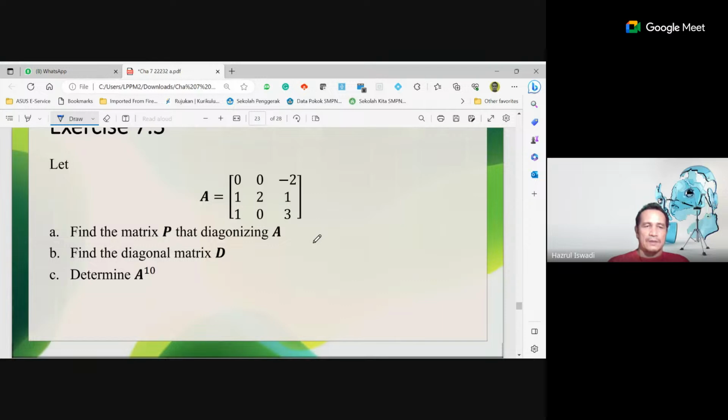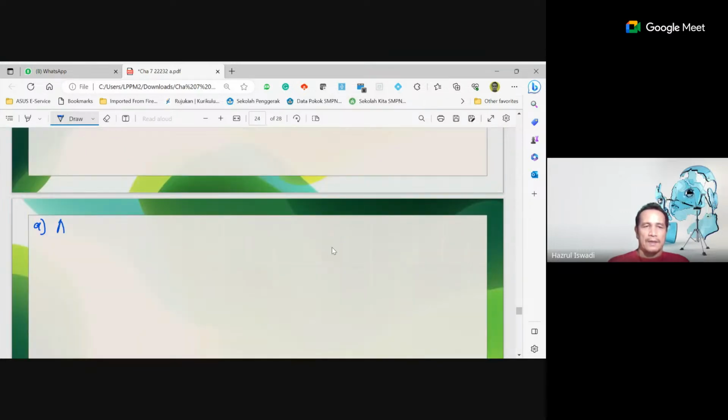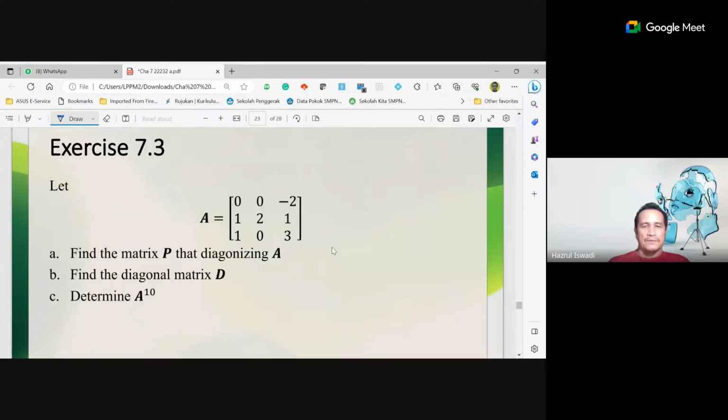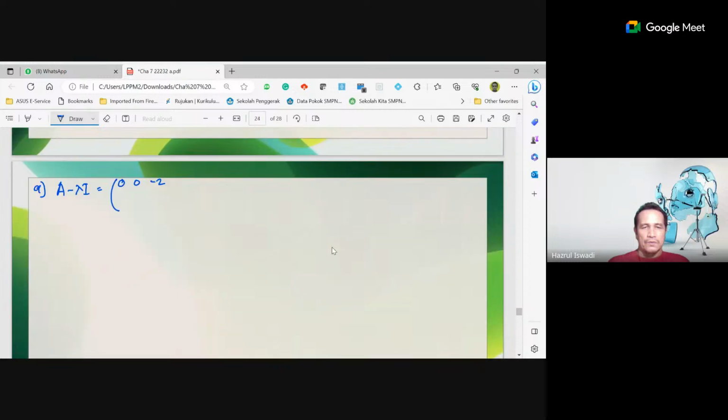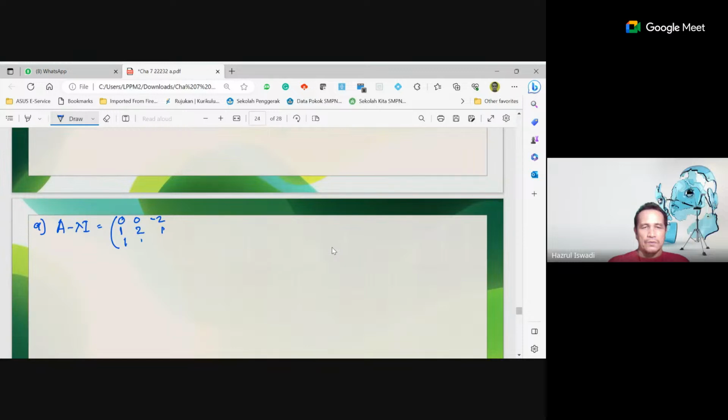Let's find the eigenvalues of A. We have A minus lambda I, which is the matrix 0, 0, -2 / 1, 2, 0 / 1, 0, 3, minus lambda times the identity matrix, which is -lambda, 0, -2 / 1, 2 minus lambda, 0 / 1, 0, 3 minus lambda.